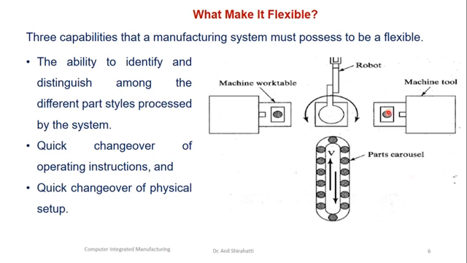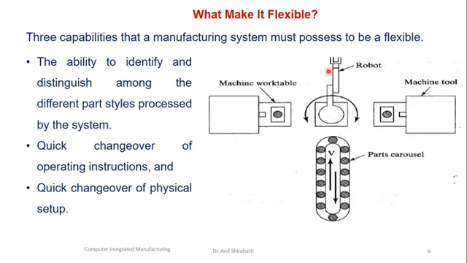So I am just representing one system. Let's say this is one machine, there is another machine, this is a table, with a robot in this one, and this is the part processed. For example, generally, part comes here, the robot takes it and puts it on the first machine. Once that is processed, it puts it on the second machine, and then the part is completely produced. Suppose there is a part in which the second machine should do the first operation and the first machine the second operation.